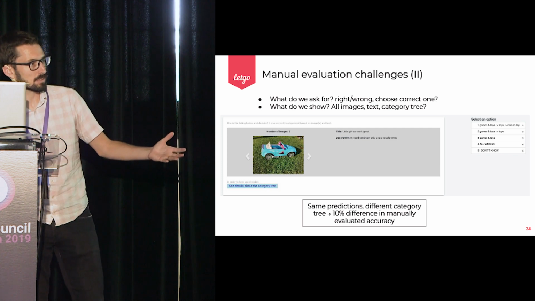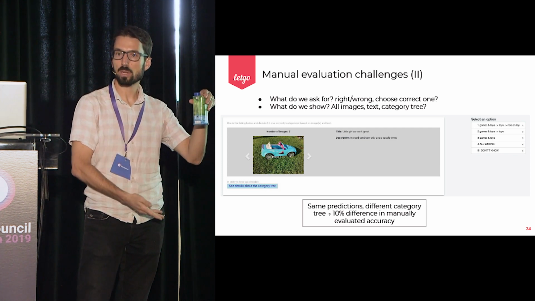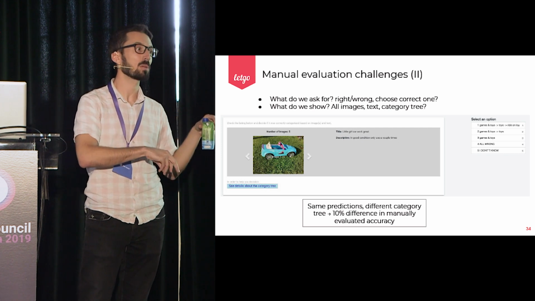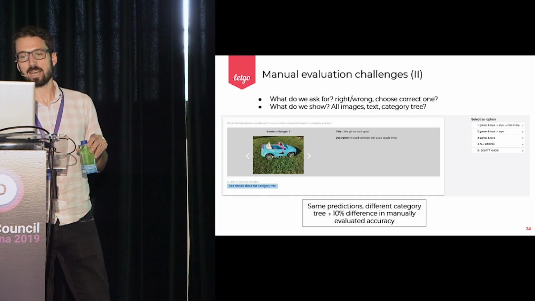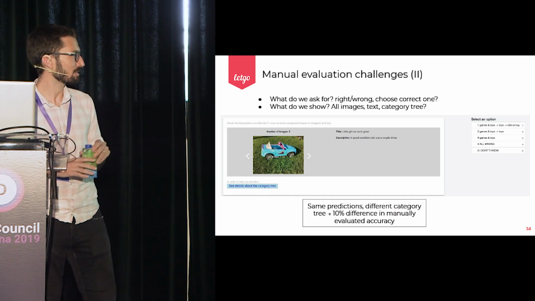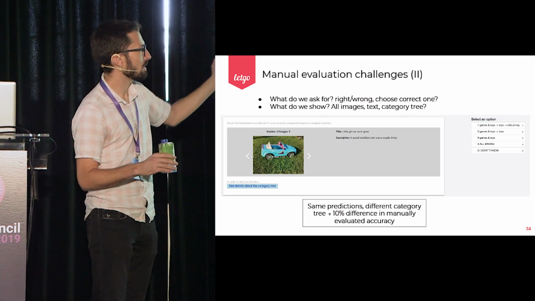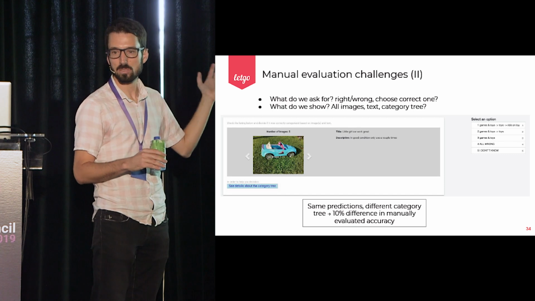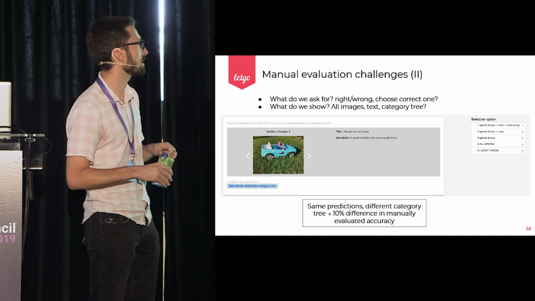Do we also show the text? Do we give the users some context with the category tree so that they understand what other possible categories there are? There's many questions. And what happens is that, depending on how you answer them, you get different evaluation results. Here I'm showing the UI that we finally ended up using. That's not important. The important thing is that you have to think about it and experiment until you hit the nail on the head.